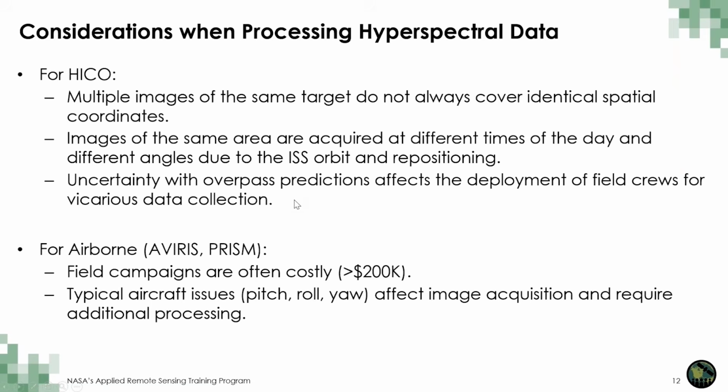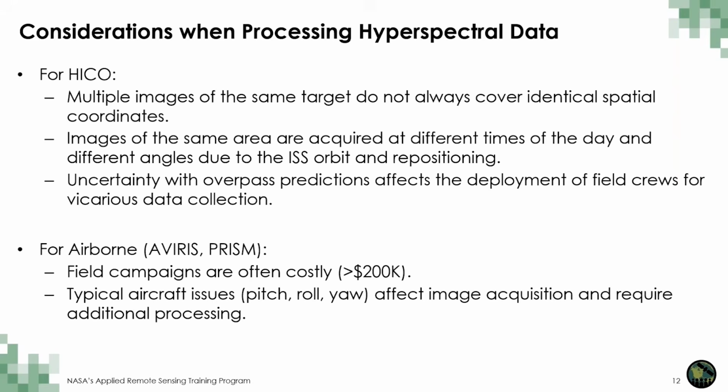So for example, for HICO, speaking about coastal ocean, multiple images of the same target do not necessarily always cover the same identical spatial coordinates. Images of the same area are acquired at different times during the day, or even at different angles, due to the ISS orbit and repositioning.